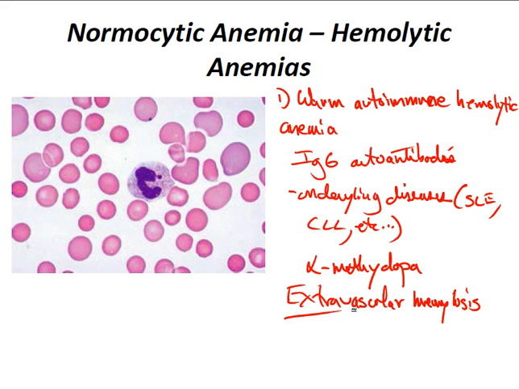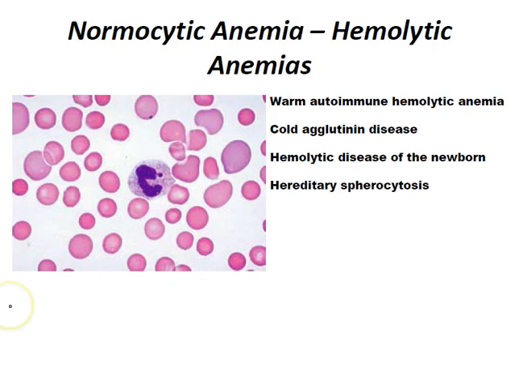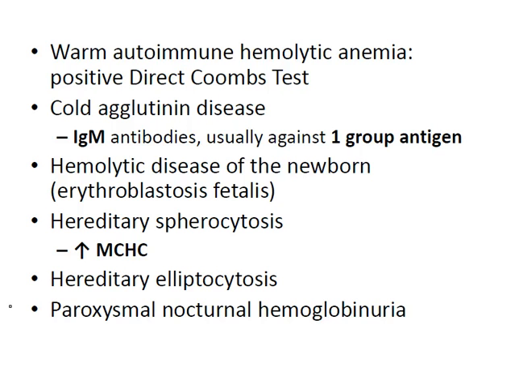So what about the cold agglutinin disease? And so, as I was saying, the warm autoimmune hemolytic anemia, which gives you a direct positive Coombs test, is the most common hemolytic anemia. Sorry if I said that twice, I just want to be clear about that.